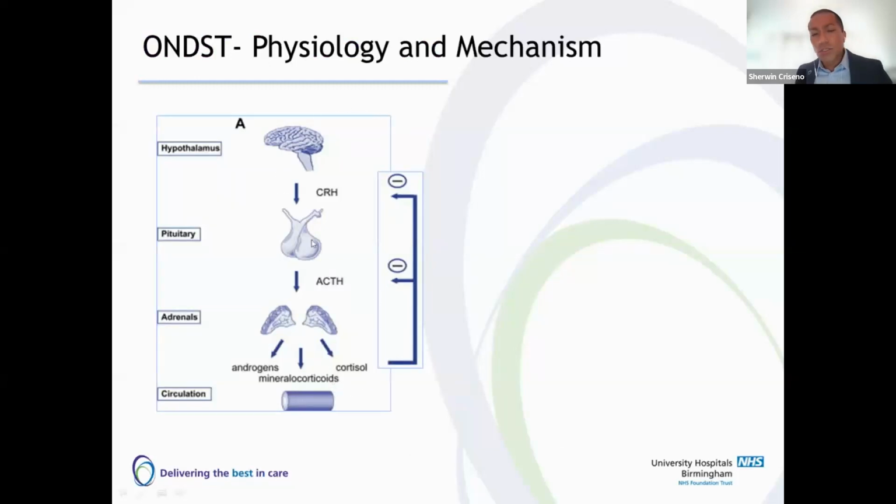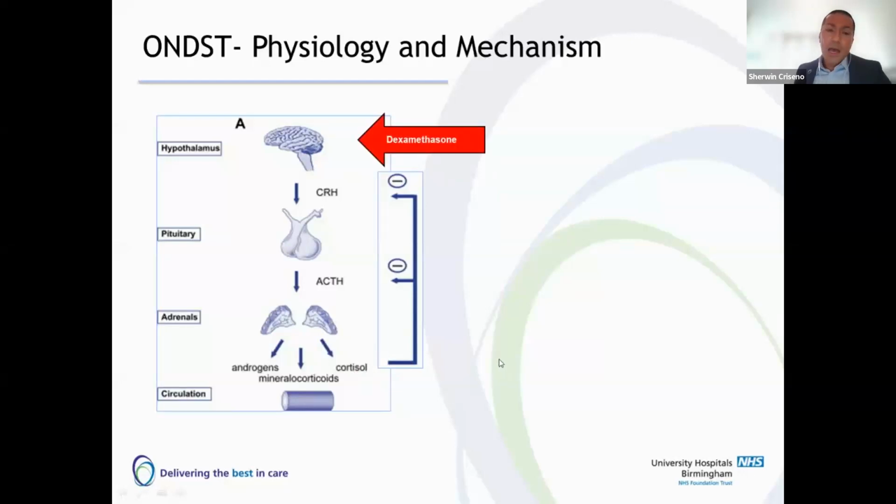CRH stimulates the anterior pituitary gland to release ACTH, and the ACTH then stimulates the adrenal gland to produce cortisol. That then exerts a negative feedback: when we have enough cortisol, there is less stimulation of the hypothalamus and therefore less release of CRH, less stimulation of the anterior pituitary, less release of ACTH, and less release of cortisol.